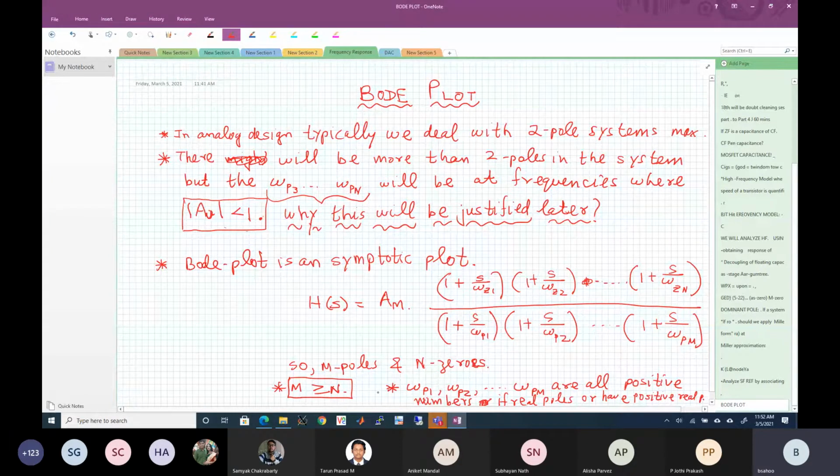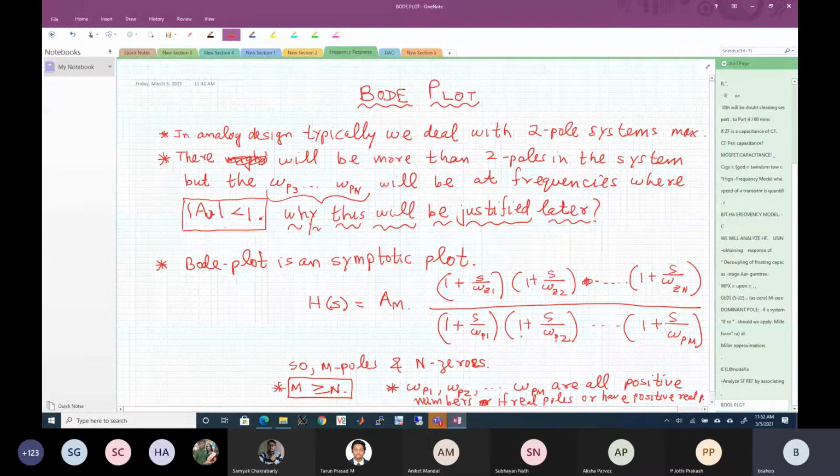If omega p1 and so on are all positive numbers, then the poles are in the left half plane. Otherwise, they become on the right half plane, which is physically not possible.